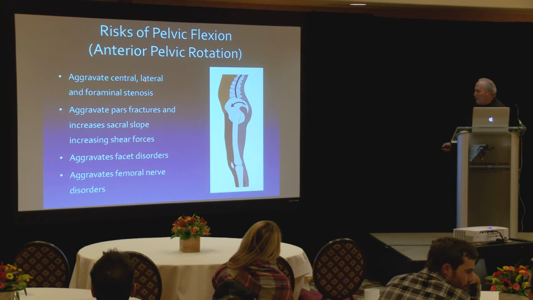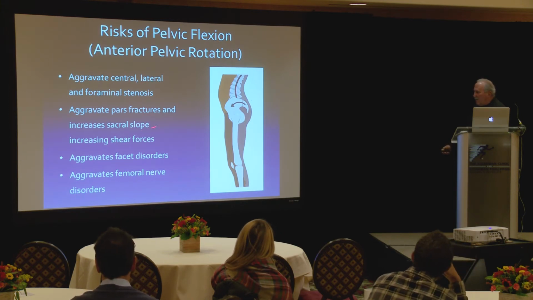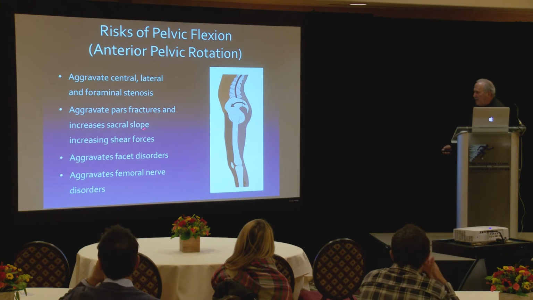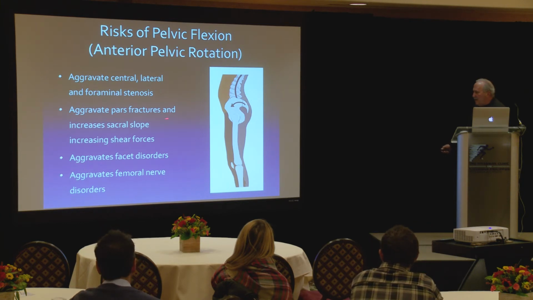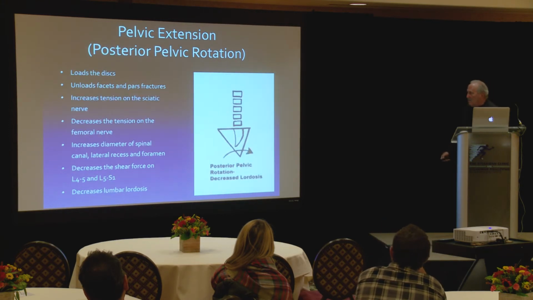What are the problems, of course? You aggravate stenosis, you aggravate pars fractures, you increase the shear forces on an isthmic spondy, you aggravate facet disorders, and you aggravate femoral nerve disorders. So if you know your diagnosis, you can know how to put these together.